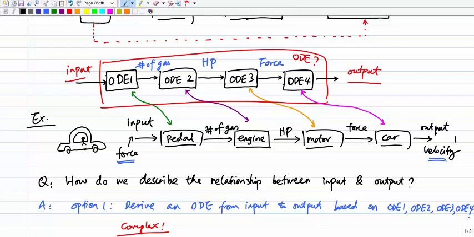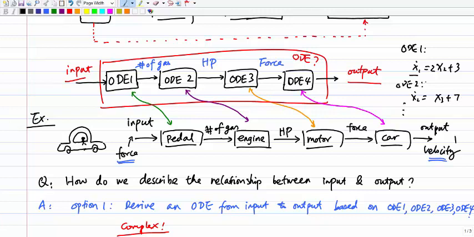So for example, you have ODE 1: some state x1 dot, that's the input, and my output is the amount of gas, let's say x2. Some sort of relationship, maybe like 2x2 plus 3, whatever it means. And my ODE 2 could be x2 dot, with the horsepower being, let's say, x3, that's the horsepower, plus 7, whatever.